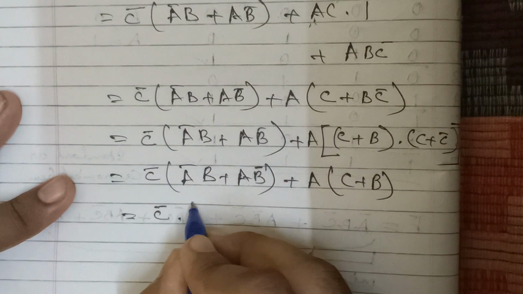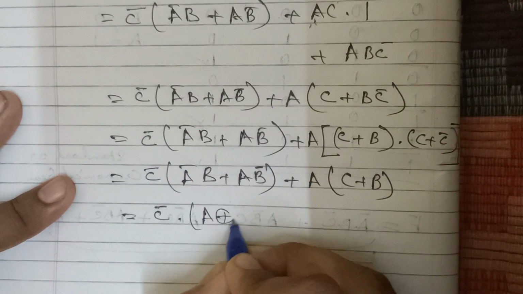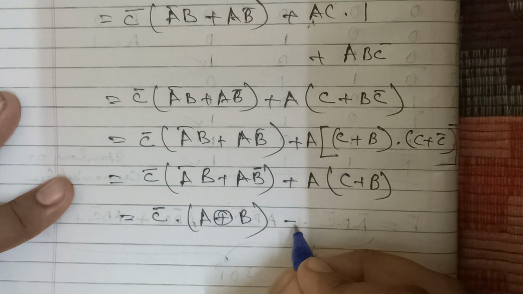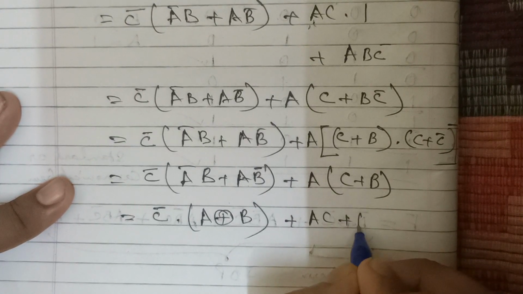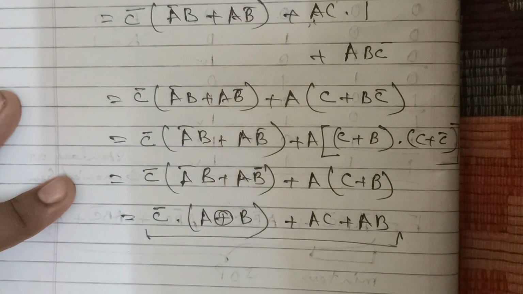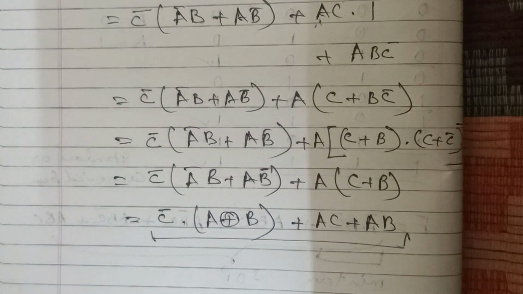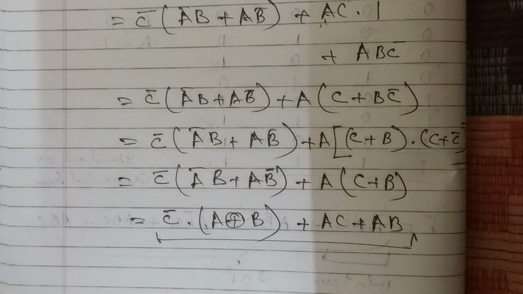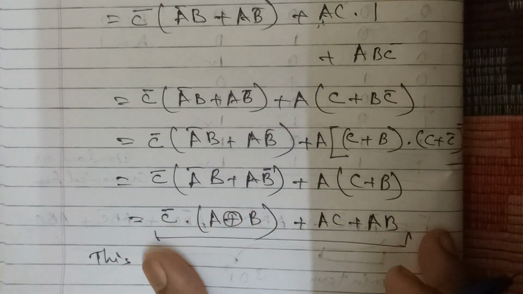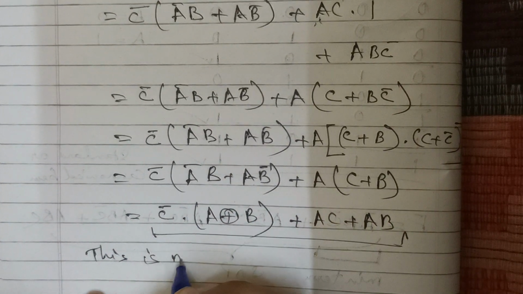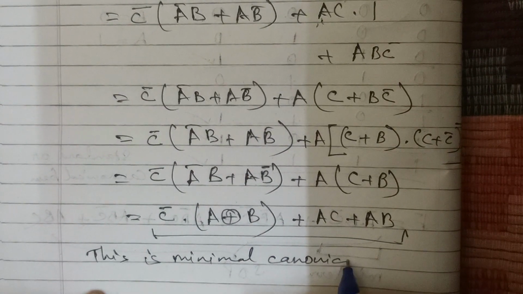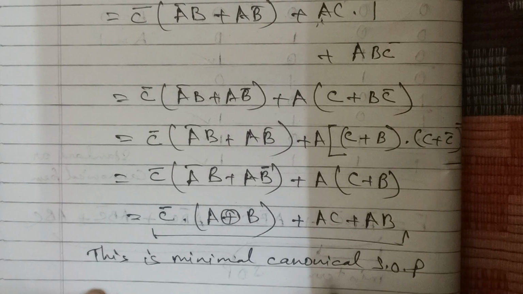So A XOR B and AC plus AB. This way we can also express this. So we can say this expression is the minimal canonical sum form.